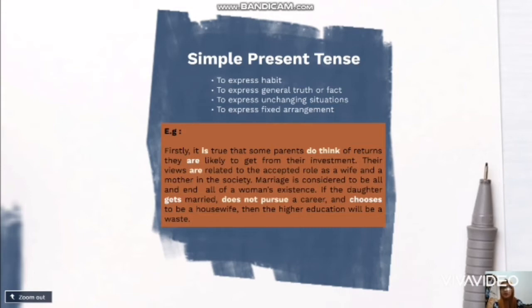Untuk dari argumennya itu sendiri kan tidak didasarkan oleh hanya pendapat, tapi juga harus ada fakta-fakta yang mendukung. That's why simple present tense will be useful here. And you can see the example here. From is, do, think, are, gets, doesn't, pursue, and chooses.